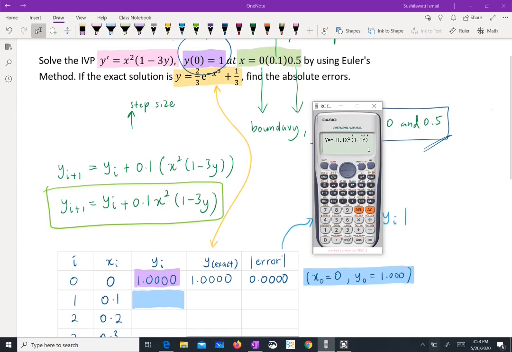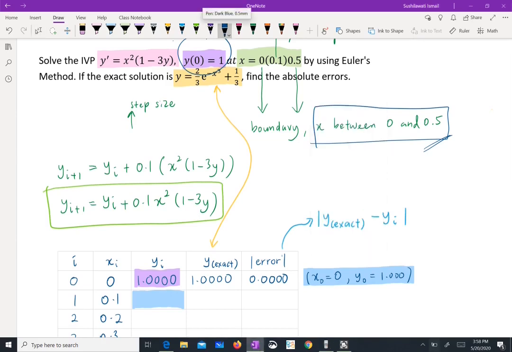So write down your y value in the column, 1.0000. Then calculate your y exact. Now your x1 is equal to 0.1, referred to here, and y1 is equal to 1.000, referred to here.